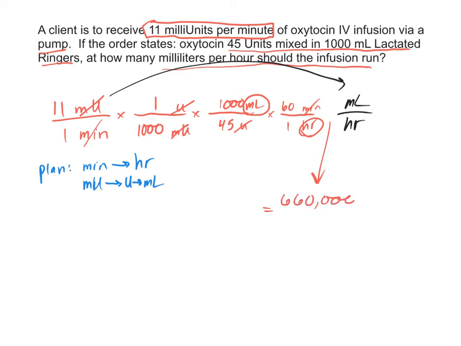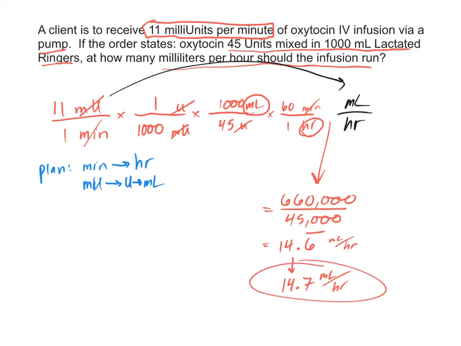When I multiply 45 times 1,000, which are the denominators, I get 45,000. And now when I put that in my calculator, this is equal to 14.6 repeating, and this is milliliters per hour, and we know we're setting a pump. So rounding this to the tenths place, I get 14.7 milliliters per hour.